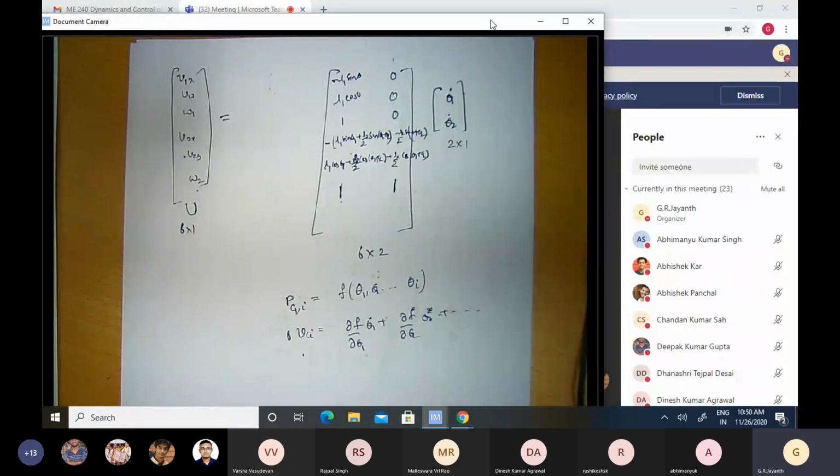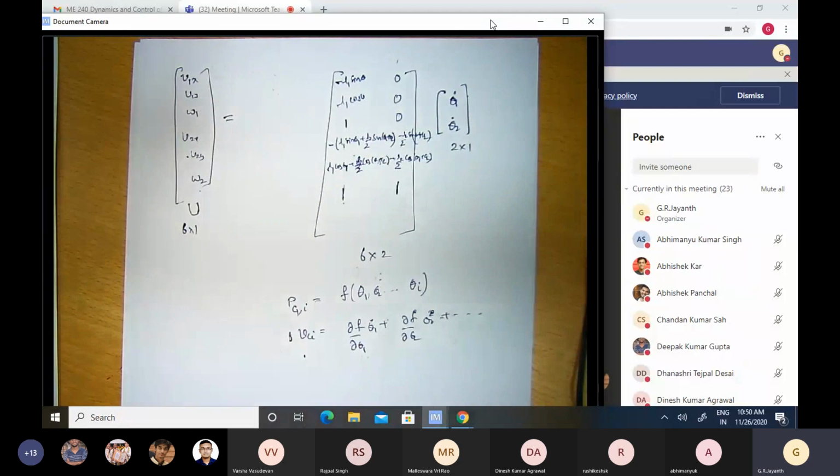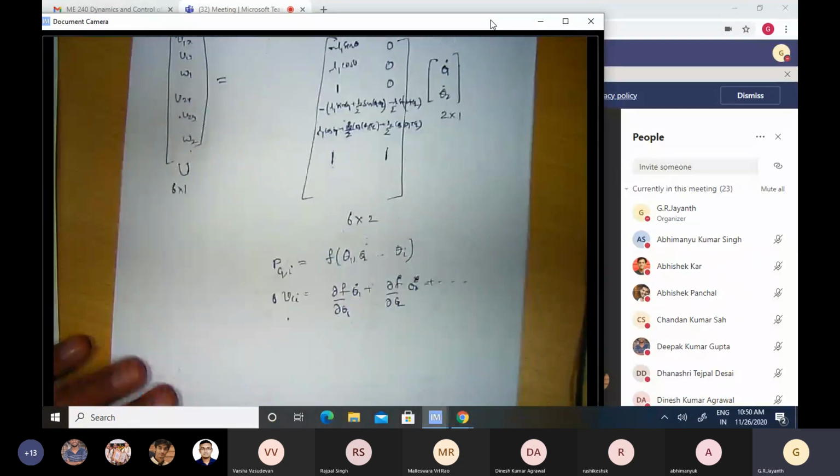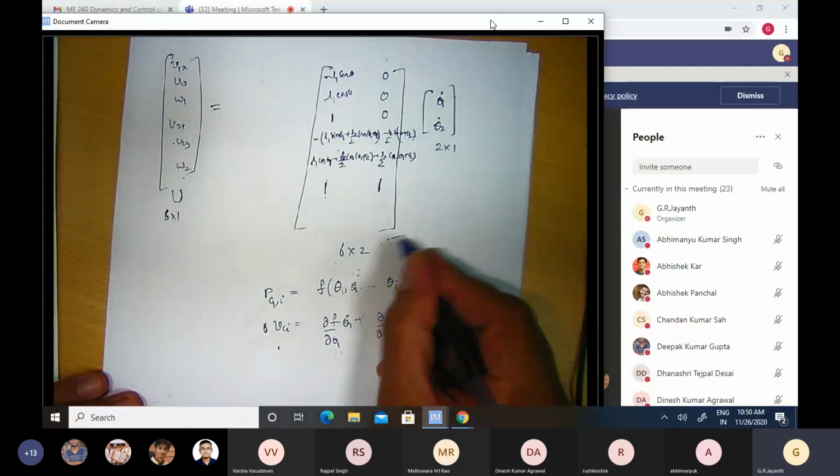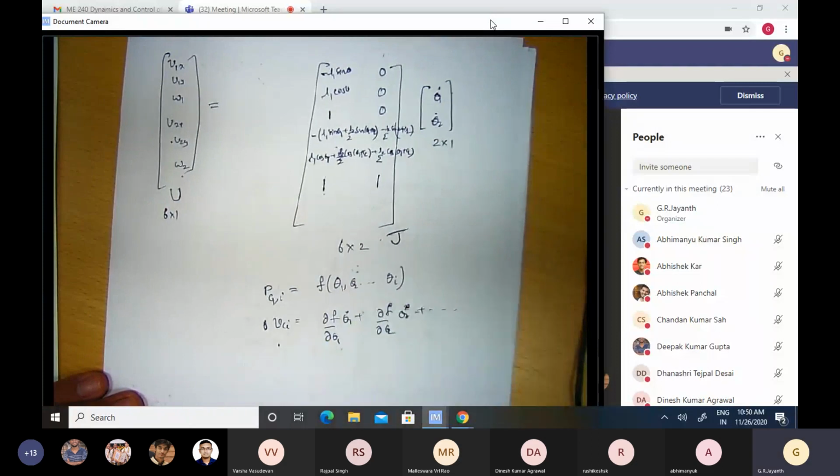From that angular velocity matrix, you can get the angular velocity vector as functions of theta 1 dot, theta 2 dot, and so on. I've already done that for the 2R manipulator here. You can do this for the general case as well. I shall call this matrix J. There's a special significance for this matrix in mathematics. It's called a Jacobian.